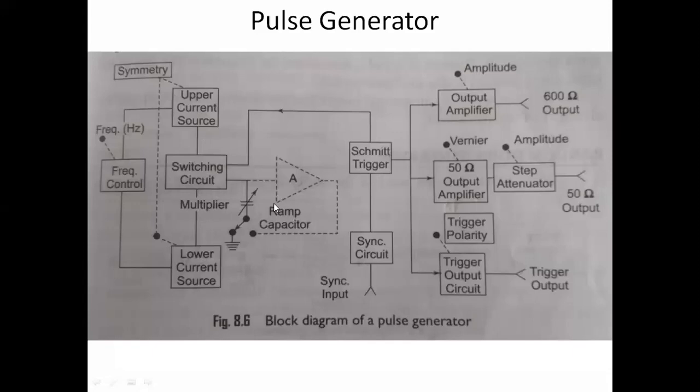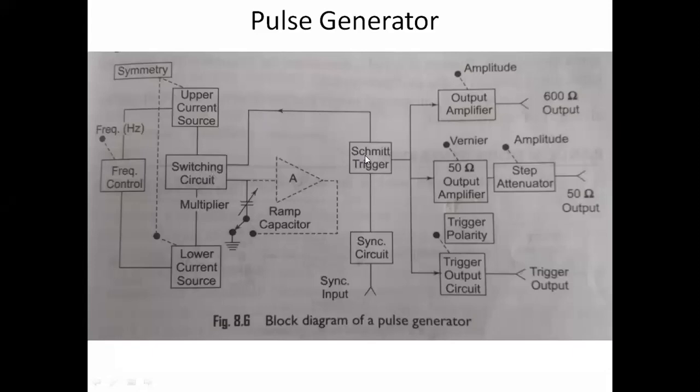Assume that initially the Schmitt trigger is producing a positive output. Then the output of the Schmitt trigger connects to the switching circuit.